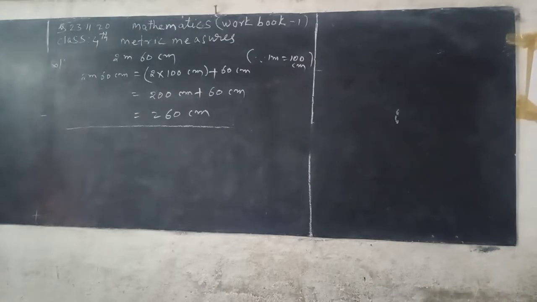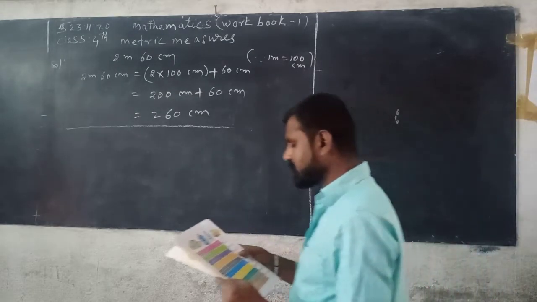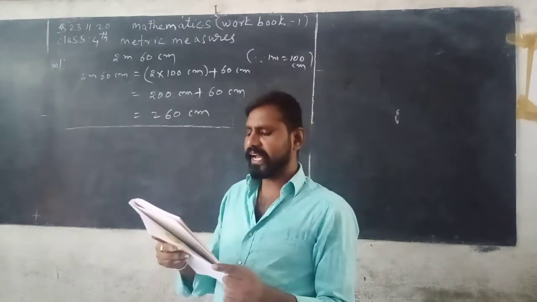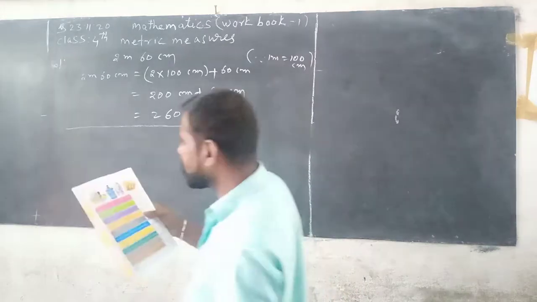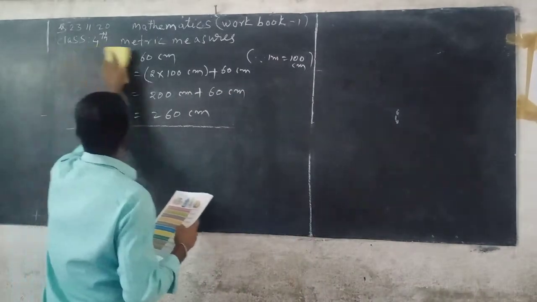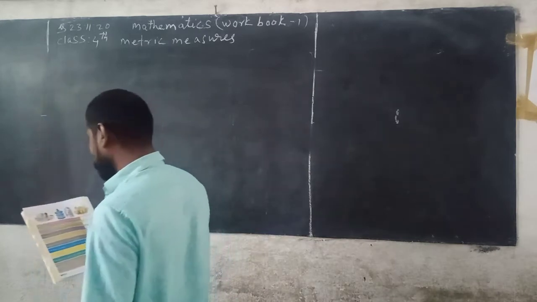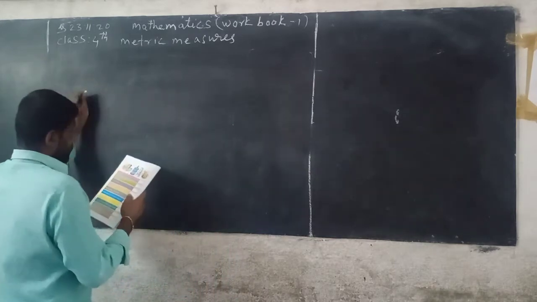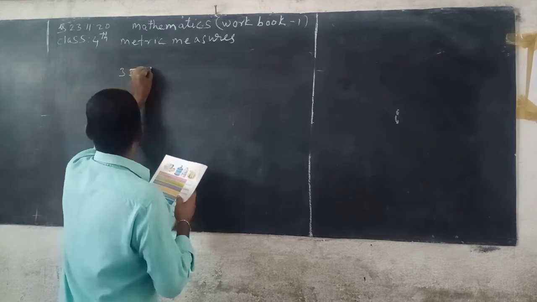Now next one, the distance between Vinay's school and his house is 3500 meter. Express it in kilometers. This is also very easy. Listen carefully. 3,500 meter.